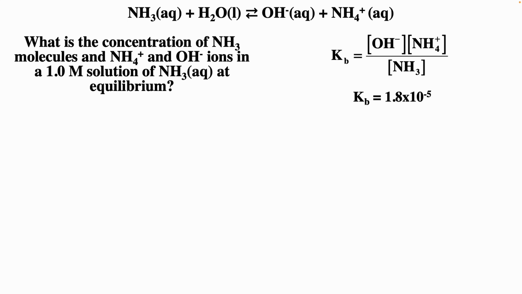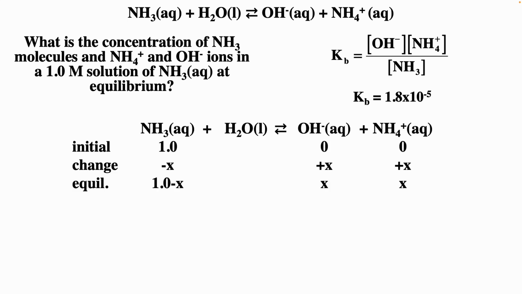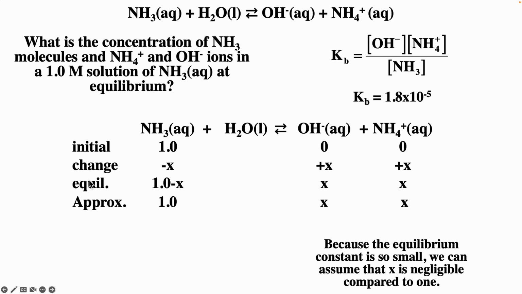We could also be asked what's the concentration of ammonia molecules, ammonium ions, and hydroxide ions in a 1 molar solution of ammonia. And so again, we can make our ICE table. Now our K is really small, and so we can assume that x is negligible compared to 1, similar to what we did when we talked about the weak acid.